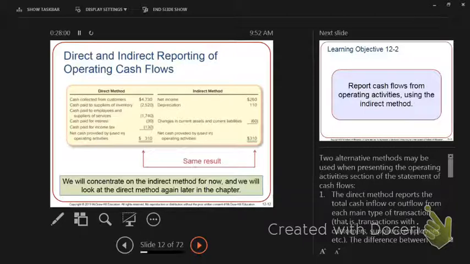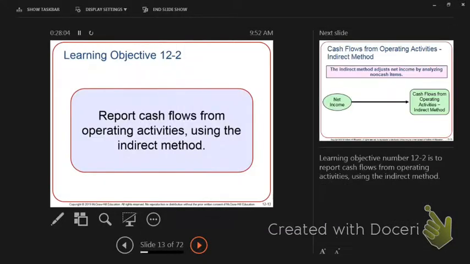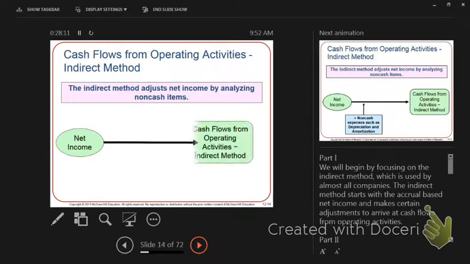All right. So we are going to be looking at the indirect method because, like always, the direct method is not GAAP. So you cannot do the direct method if you want to stay with GAAP. The way we look at it is we are going to start with net income, and as we go through, we're going to end up with our cash balance.